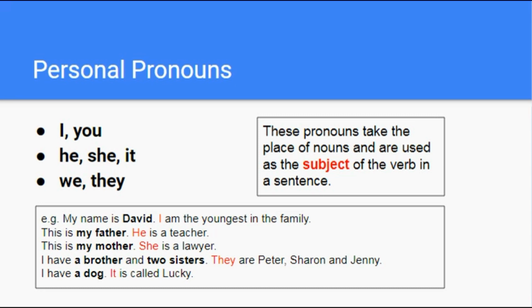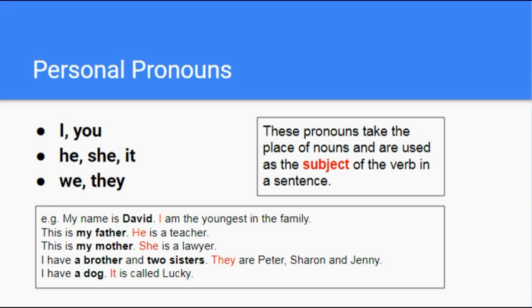Now let's see what are personal pronouns. The words I, you, he, she, it, we, they are called personal pronouns. These pronouns take the place of nouns and are used as the subject of the verb in a sentence. For example, my name is David.